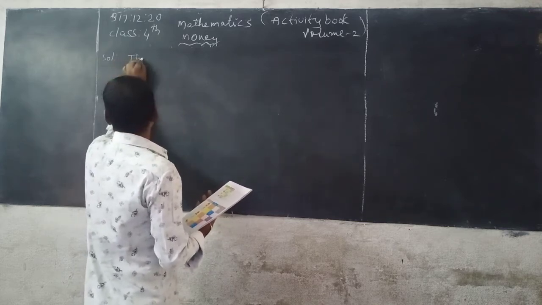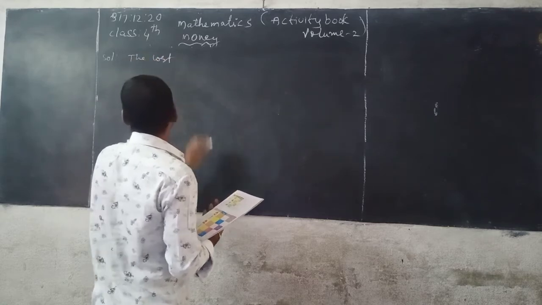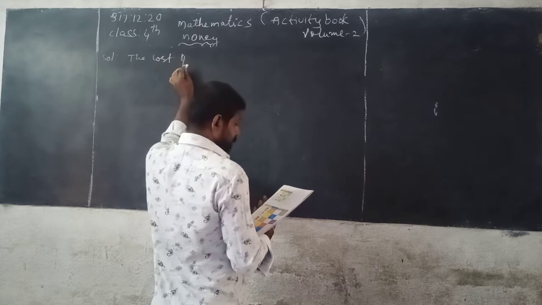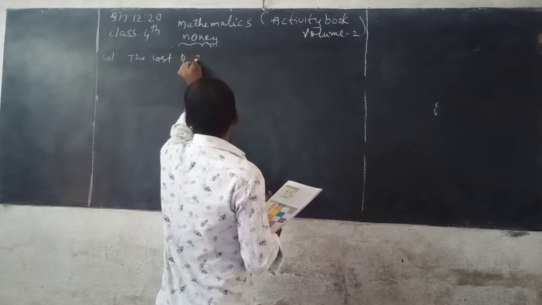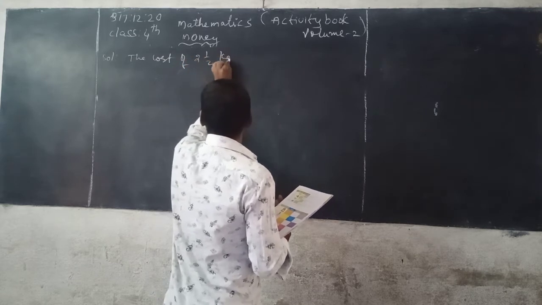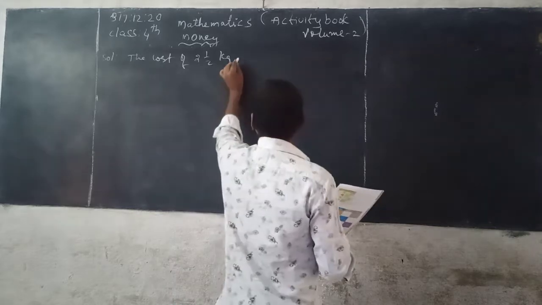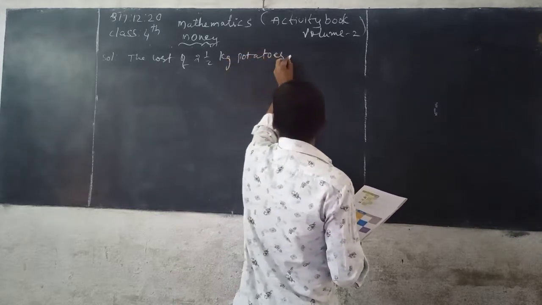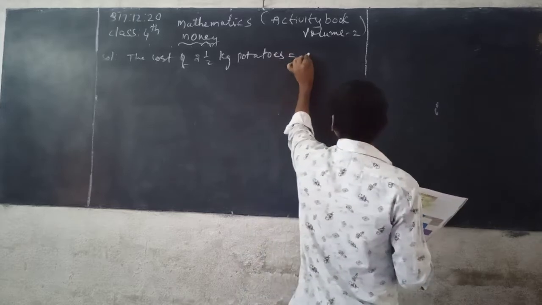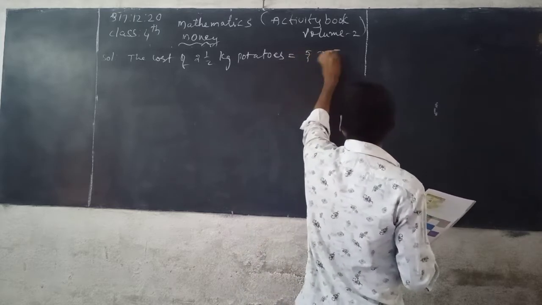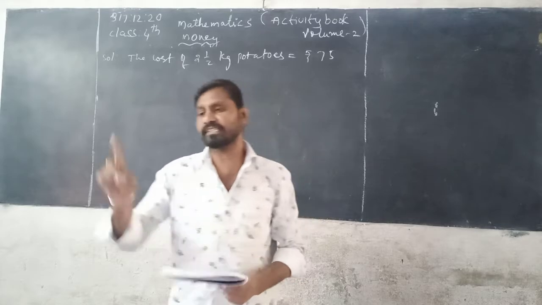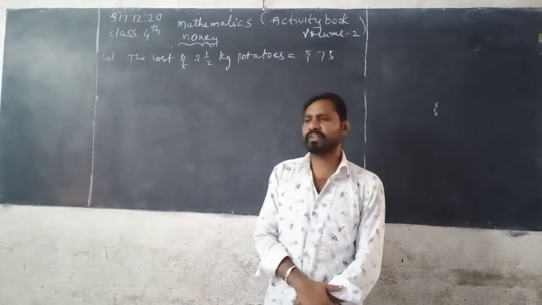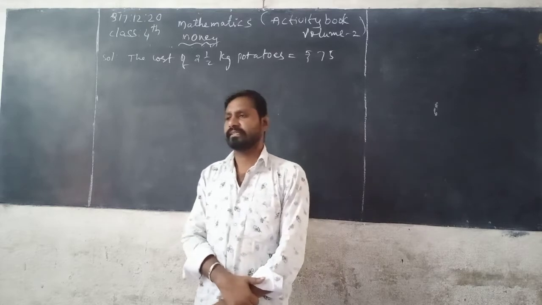The cost of, listen carefully, this is very very important. The cost of 2.5 kg potatoes is equal to 75 rupees. Listen carefully. So now you can find out the cost of 1 kg potatoes. What do I have to do? You can divide.